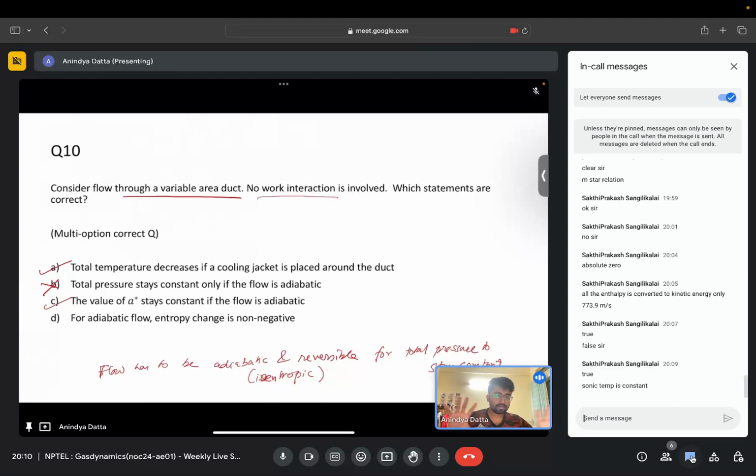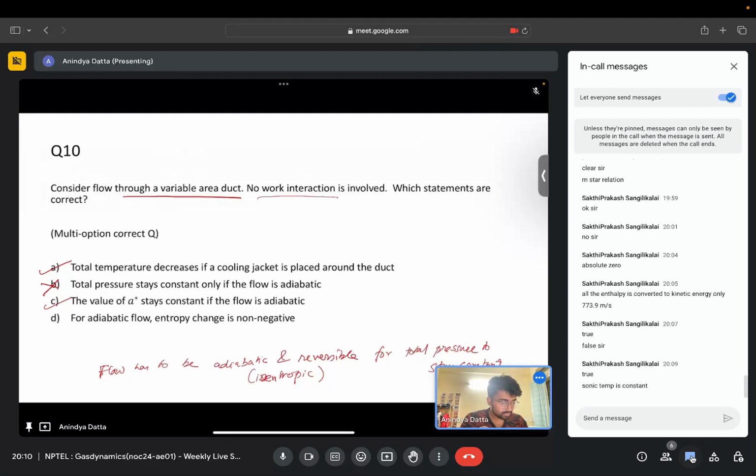Let's say you have a pipe with some adiabatic part, where A star remains constant. Then in some part you keep adding heat, and there A star will change because T star will change. Then again there is an adiabatic portion, where A star stays constant. In any section of the flow where it is adiabatic, there is no heat transfer, so A star stays constant because T star stays constant.